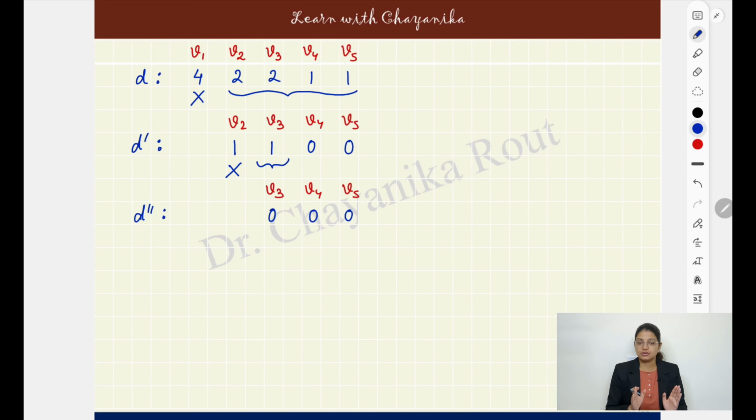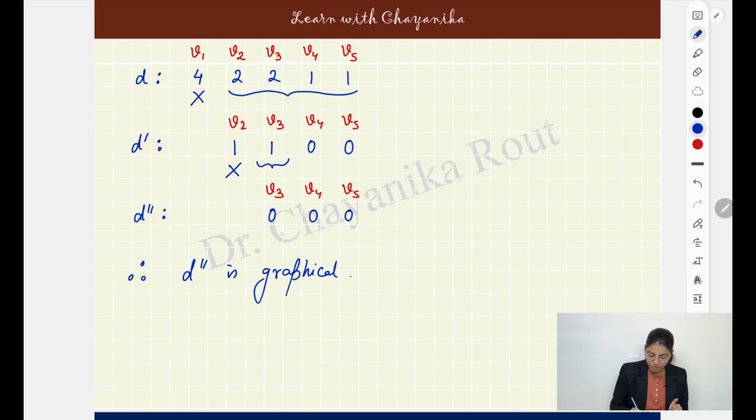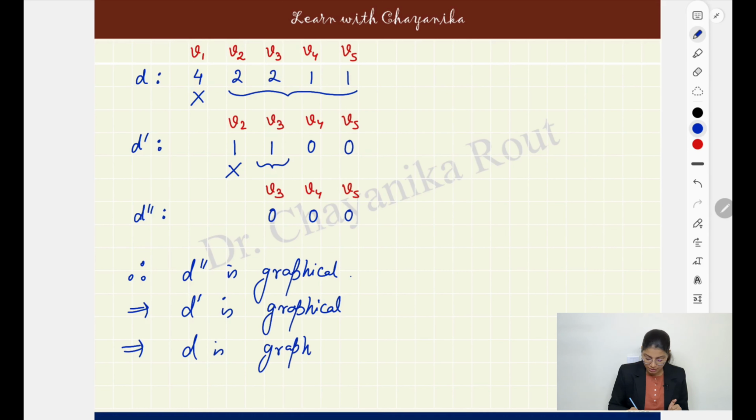So that is the solution of one part of the question. You can write the reason that D double dash is graphical because a simple graph can be drawn with this degree sequence, which implies D dash is graphical, which implies D is graphical. Now these two conclusions follow from the Havel-Hakimi theorem itself.